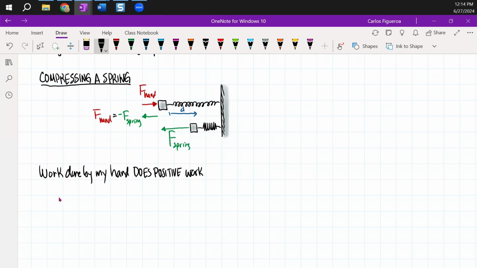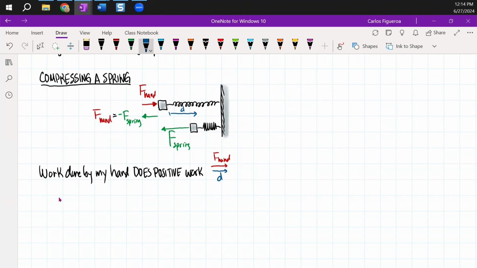And that's not a surprise, because the work by my hand adds work to the system, which increases the overall energy. It does positive work because the force of my hand and the direction of the displacement are exactly the same.